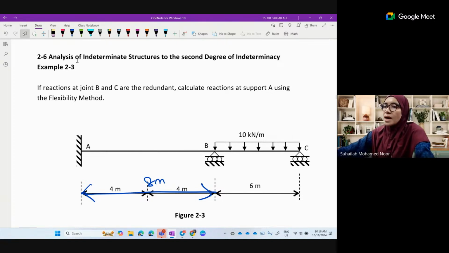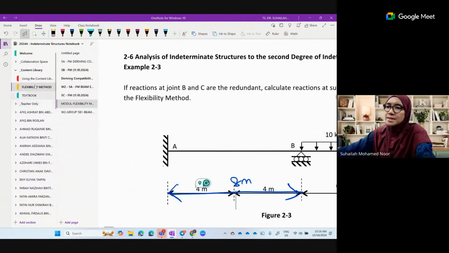Analysis of indeterminate structure to the second degree of indeterminacy. First degree of indeterminacy means one redundant. Second degree of indeterminacy means two redundant in the system. You can find this note in your device under the content library.